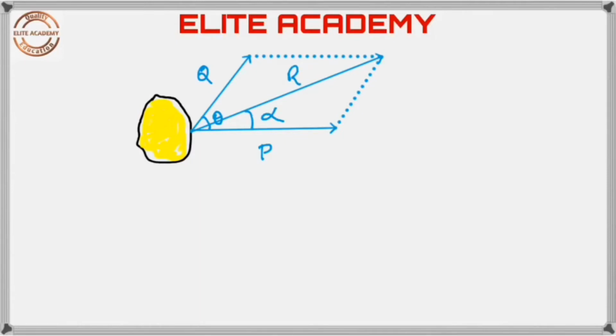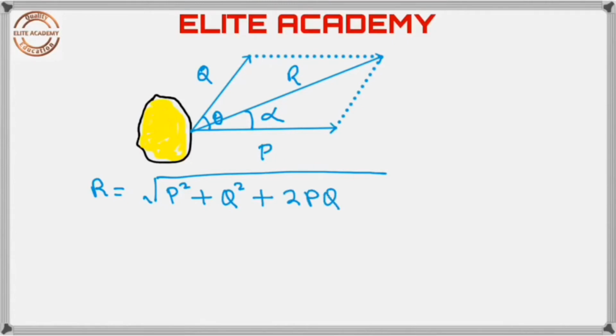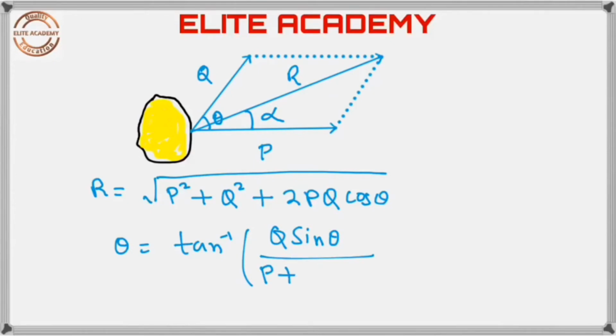The resultant R makes an angle alpha with the force P. The magnitude of the resultant R is given by under root P square plus Q square plus 2PQ cos theta. And the direction of the resultant, alpha, is equal to tan inverse Q sin theta upon P plus Q cos theta. This is the direction of the resultant.